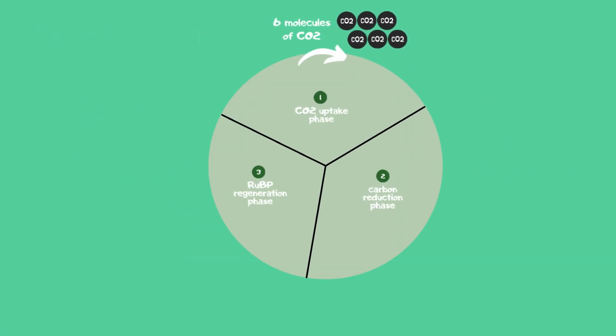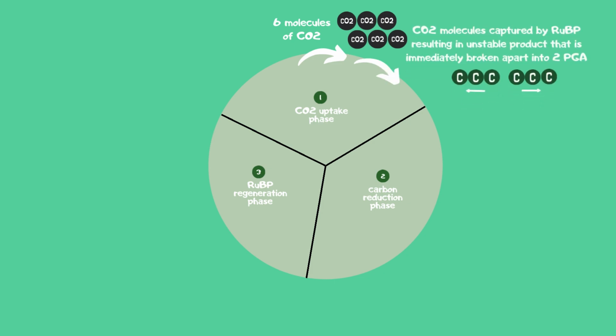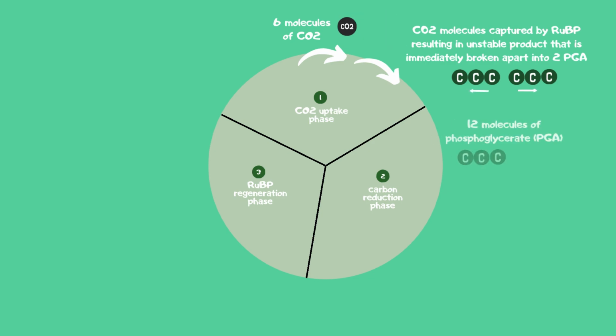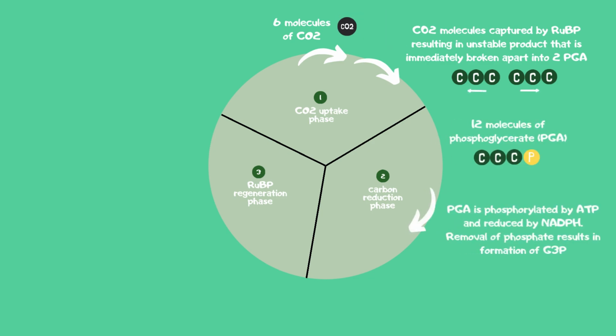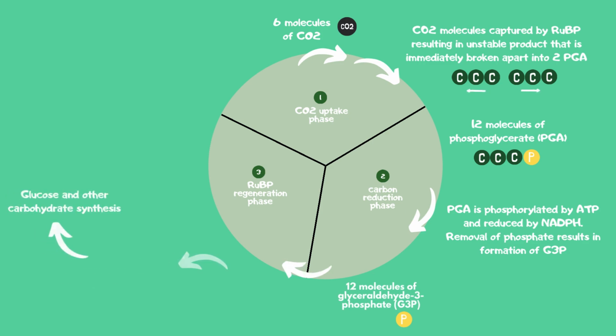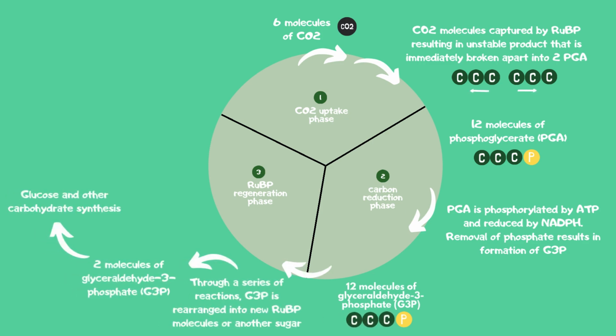Now, let me recap the whole process of the Calvin cycle. The Calvin cycle begins with the carbon dioxide uptake phase. Here, 6 molecules of carbon dioxide are captured by 6 molecules of ribulose bisphosphate, RuBP, a 5-carbon sugar. This reaction creates an unstable product that immediately breaks apart into 12 molecules of 3-phosphoglycerate, PGA, each containing 3 carbon atoms. Now, in the next step, known as the carbon reduction phase, each of the 12 PGA molecules is phosphorylated by ATP and reduced by NADPH, forming 12 molecules of glyceraldehyde 3-phosphate, G3P. 2 molecules of G3P are then used to synthesize glucose and other carbohydrates.